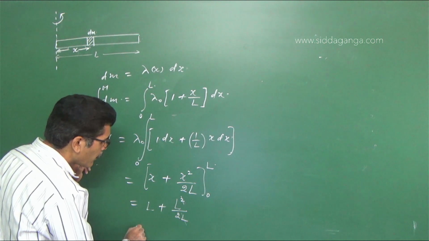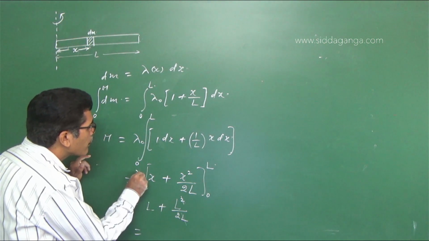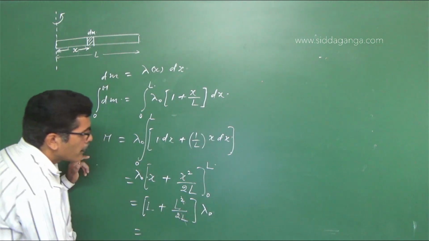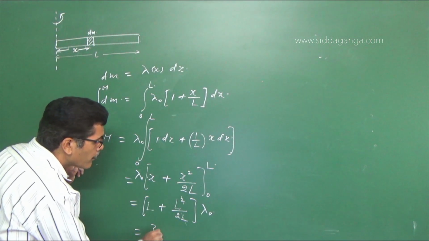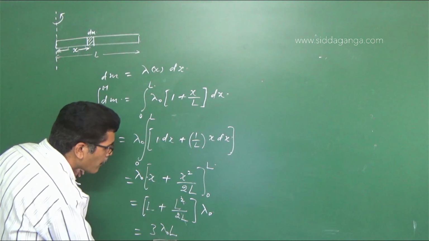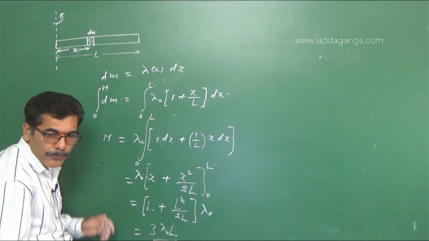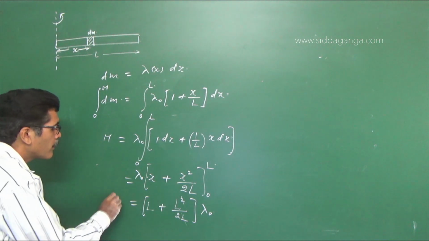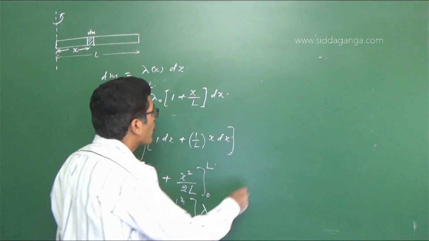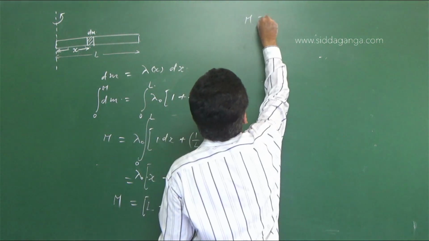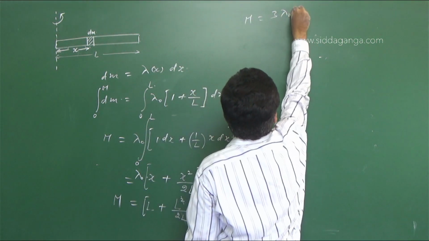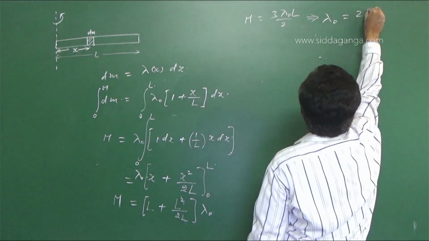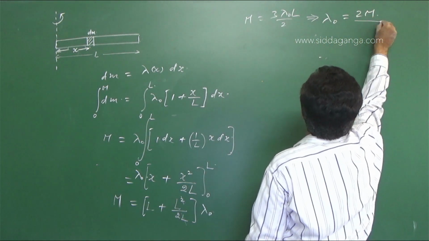Therefore, it is into lambda naught. So you are going to get 3 into lambda naught L divided by 2. So m is equal to 3 into lambda naught L by 2, or this implies lambda naught is equal to 2m divided by 3L.